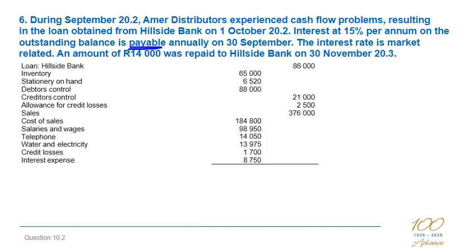Now, if you have a look at the trial balance, which was given at the end of the year, this loan amount of 86 is actually after I've already made a payment of 14,000 Rand. So when I calculate the interest, I will have to start not with 86 but with 100,000 Rand, which is the 86,000 plus the 14,000 installment that I've made.